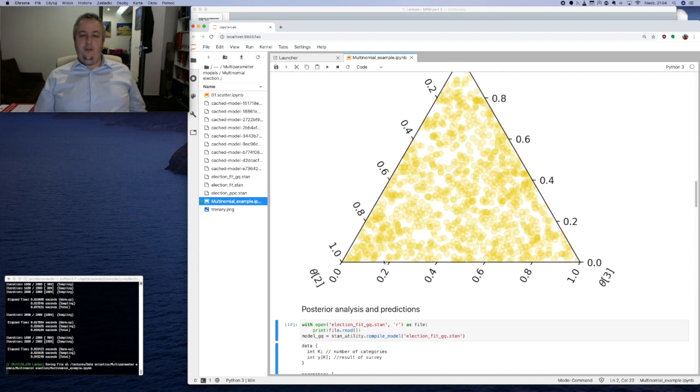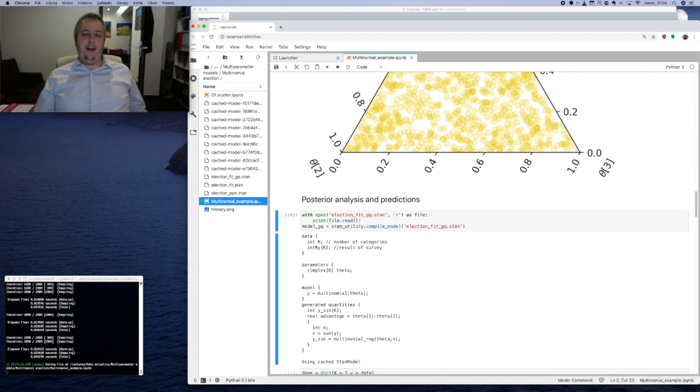When we are doing the fitting, the number of samples can be computed directly from the vector, because we can sum the numbers of outcomes for each of the categories. So we provide the model with the number of categories and with the results, so how many votes were in each of the categories.